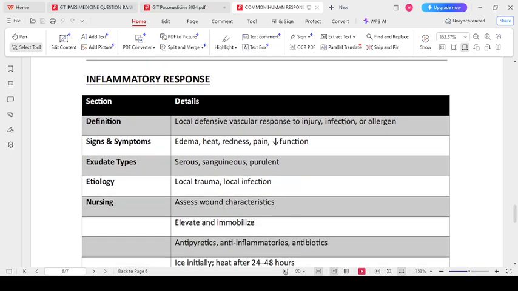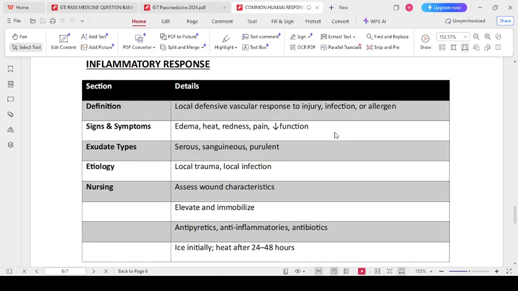Inflammatory response, it's basically a local defensive vascular response to injury, any infection, or any allergen. Signs and symptoms are edema, heat, redness, pain, and decreased function. Exudate types, it can be serous, serosanguinous, or purulent. She has to assess wound characteristics.